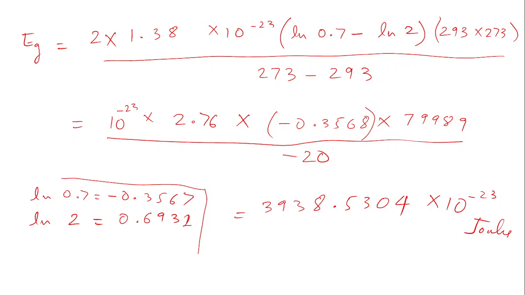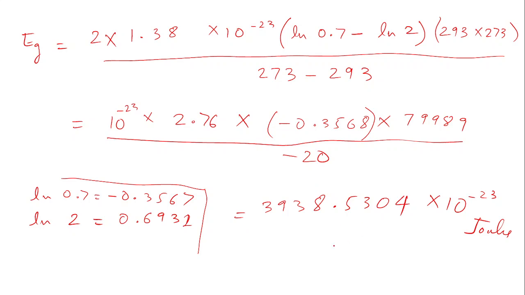Let me just check once. 2.76 multiplied by 0.3568 multiplied by 79989 divided by 20. Yeah, that was correct.